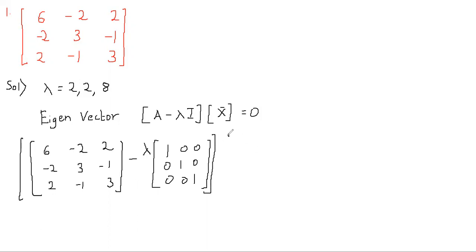And this x bar can be written as x1, x2, x3, which will be equal to 0.